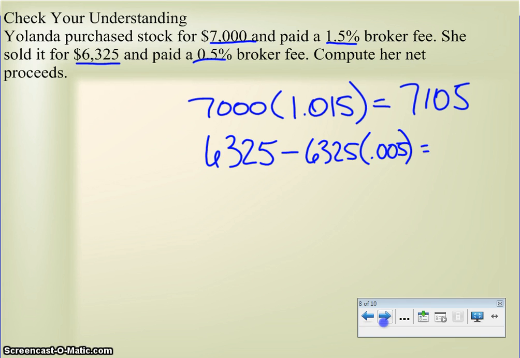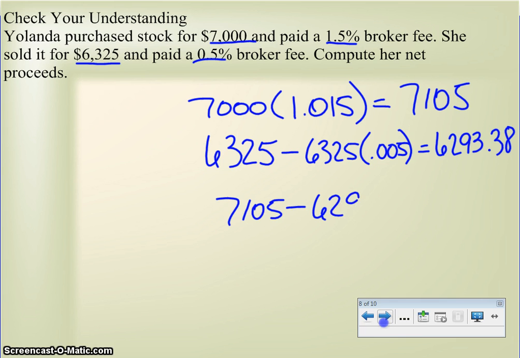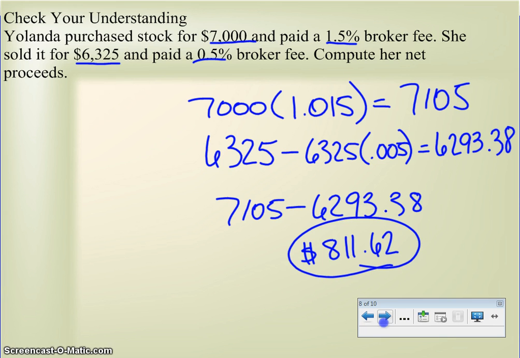And so the $63.25 minus the fee totals an amount of $62.93. So if we take the $71.05 that she purchased it at, and then the $62.93, we find that she actually had a capital net loss of $811.62.